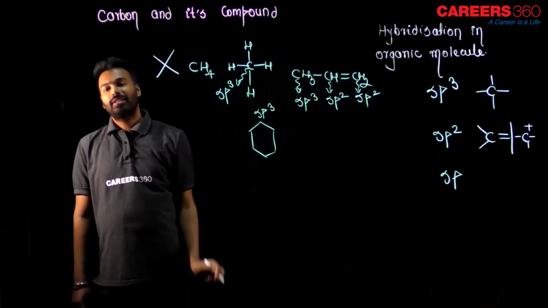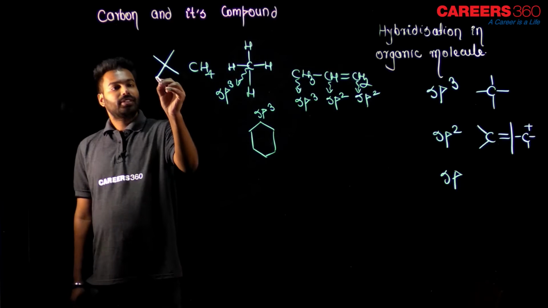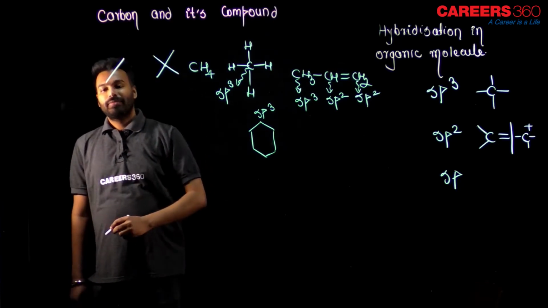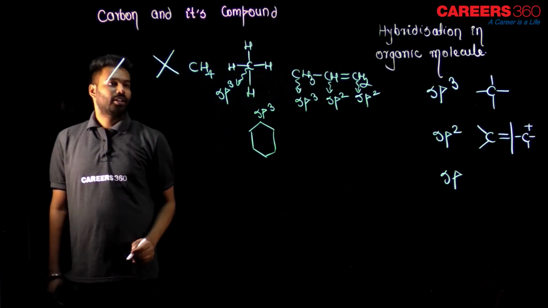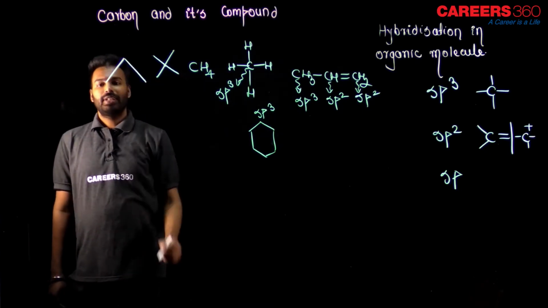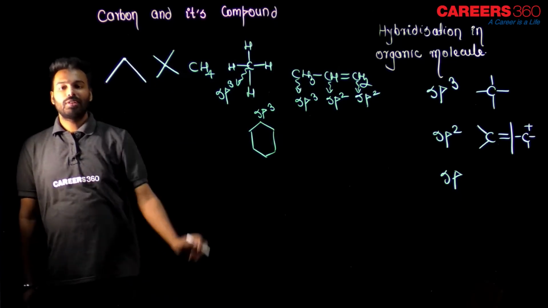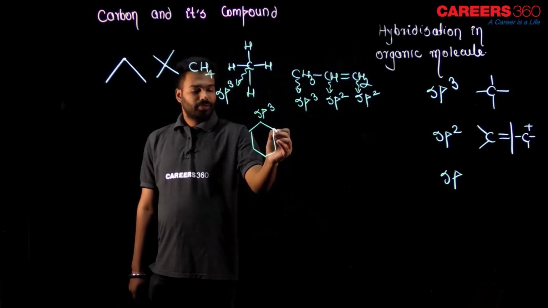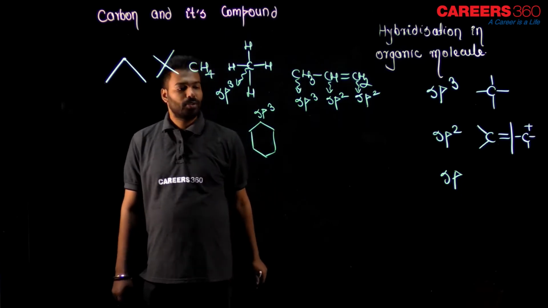If I write it this way, the point of intersection is carbon, and the initial point and final point are carbon. So tell me about this one: again sp3, because it is involved with single bonds only.